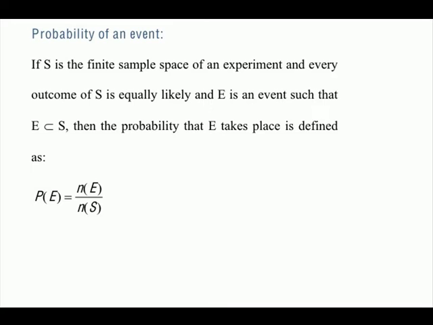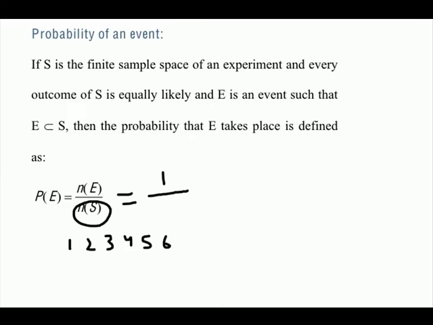So if you have a dice, the normal dice with 6 sides numbered 1 to 6, and you wanted to calculate the probability of getting a 2, this N(E) becomes the number of ways in which you can get a 2, which is only one way here because there's only one dice that you're rolling, and the total number of outcomes, which is the sample space S. So you could get a 1, a 2, a 3, a 4, a 5, or a 6.